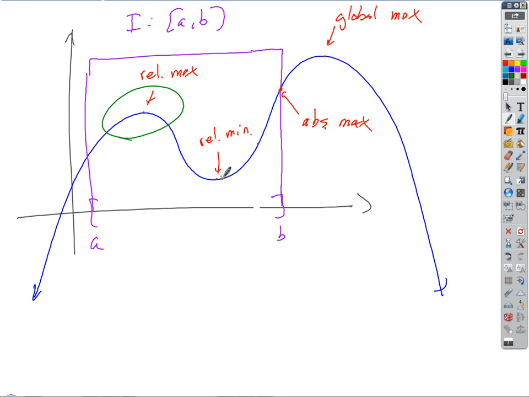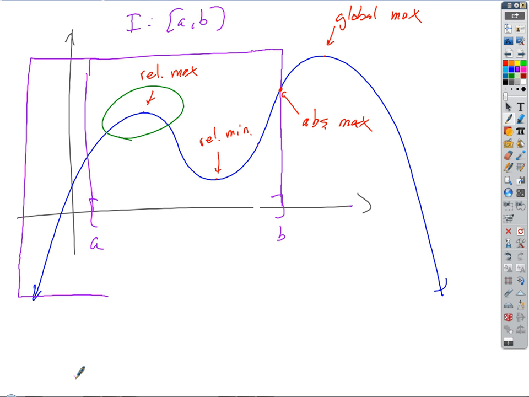Now, what would happen if I were to scoot the left boundary over? Let's say I scoot it over to here instead, that is the endpoint. Then we'd have a point way down here somewhere, wouldn't we? At that endpoint, that would be the lowest point, and so that would become the absolute minimum. Okay, you got it, right?